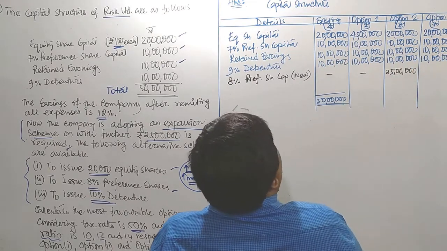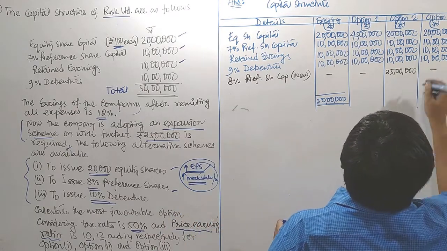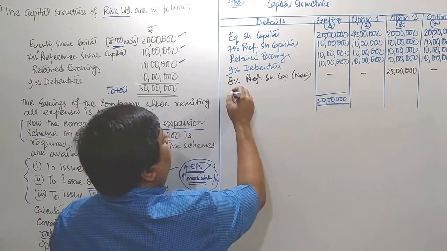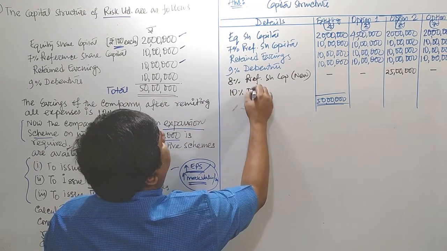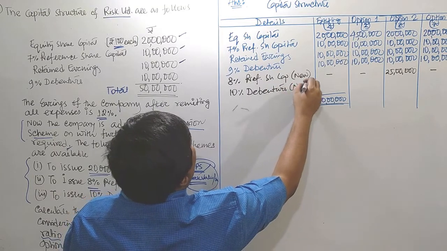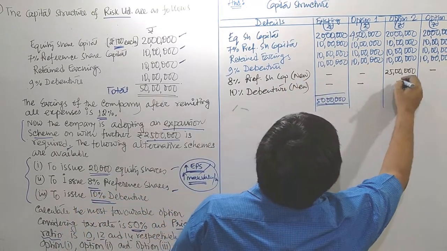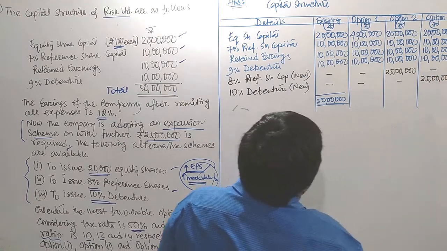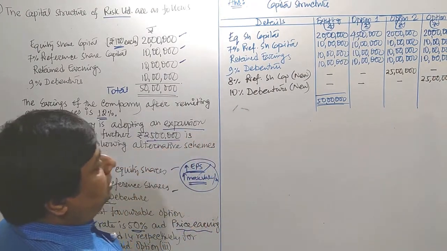No excess preference share in this case. This is the excess 25 lakhs. Rather, we have to write 10% debenture. That is the new which the company collected, the amount received in the process of issuing that debenture.